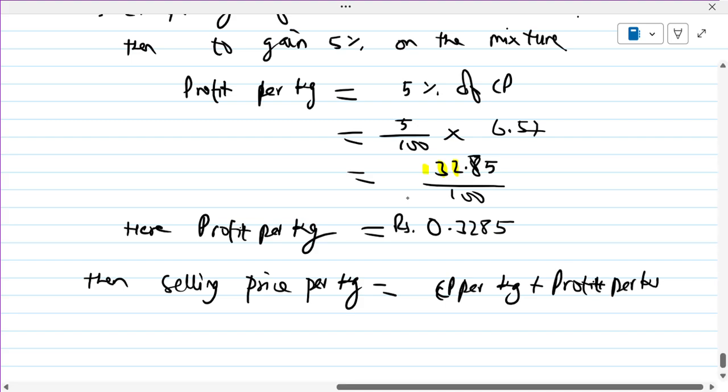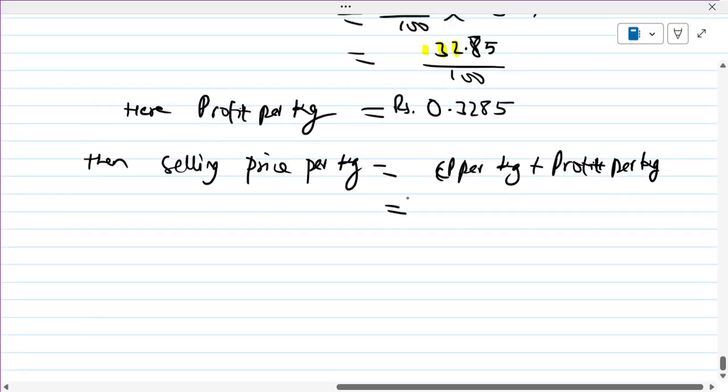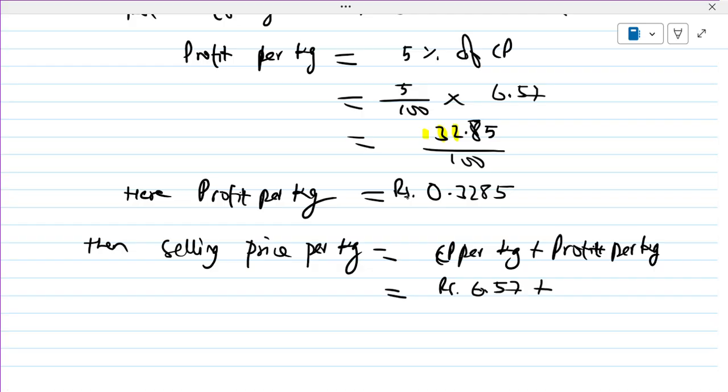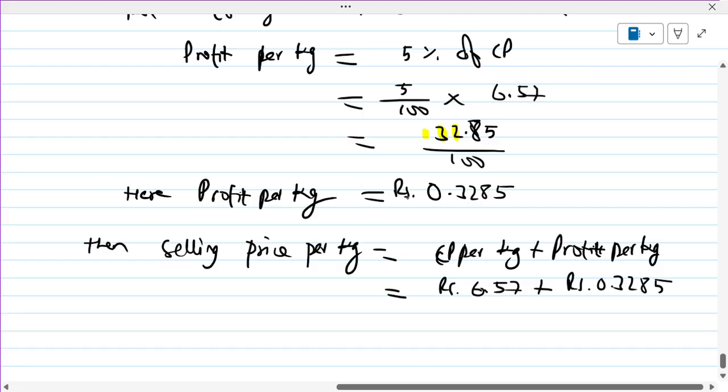Cost price per kg is rupees 6.57, and profit per kg is rupees 0.3285. So let's add them in the empty space as rough work.